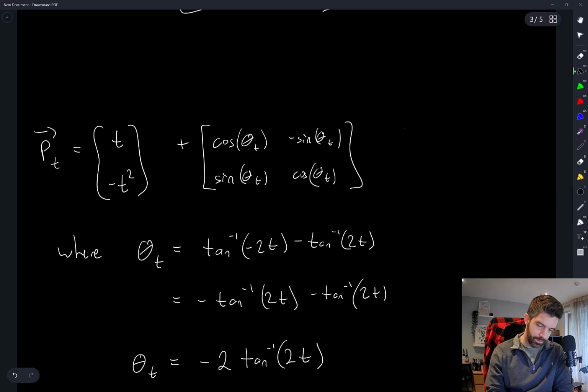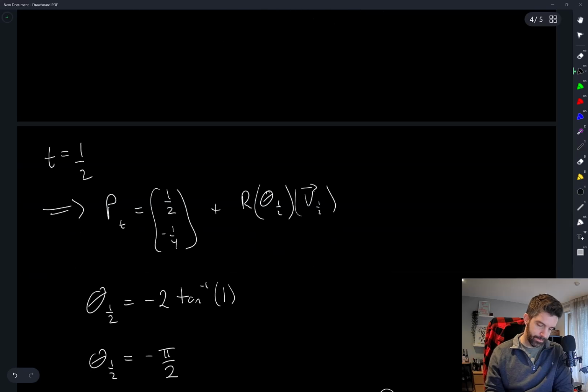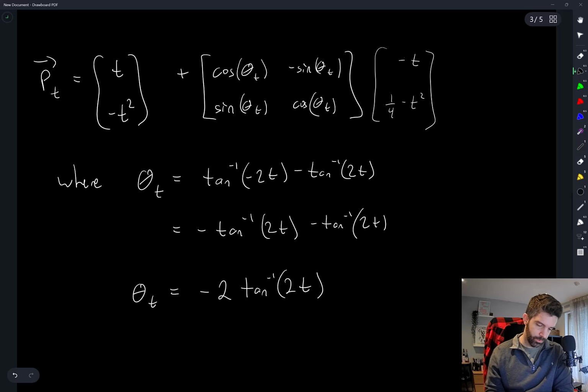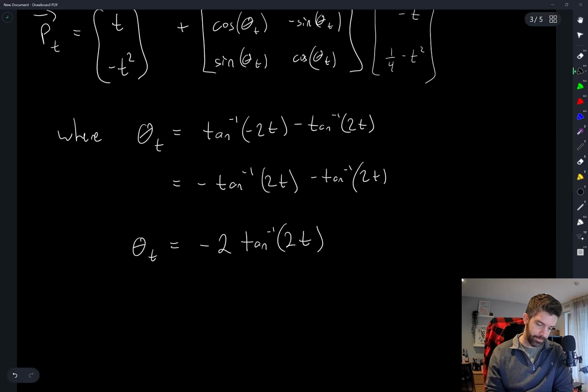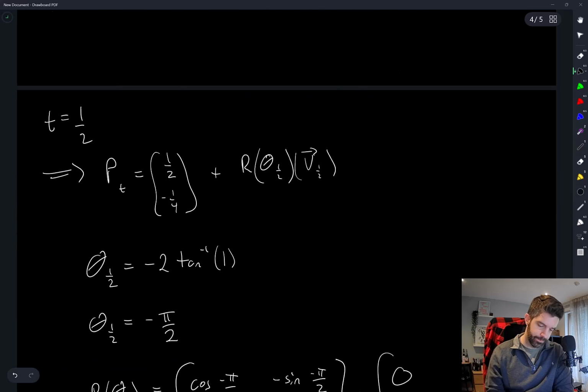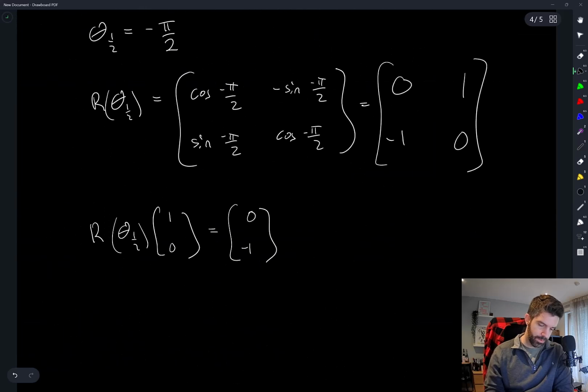Should be 0 minus t, 1 over 4 minus t squared. Okay. So when t is equal to a half, well, I don't want to apply it to this vector. Hold on.